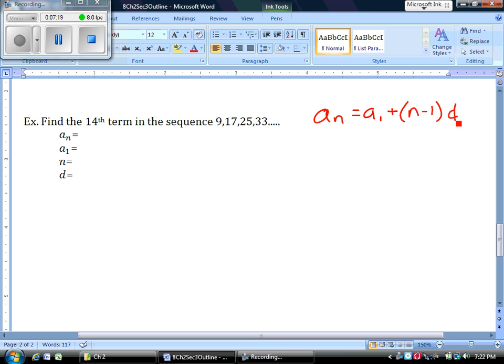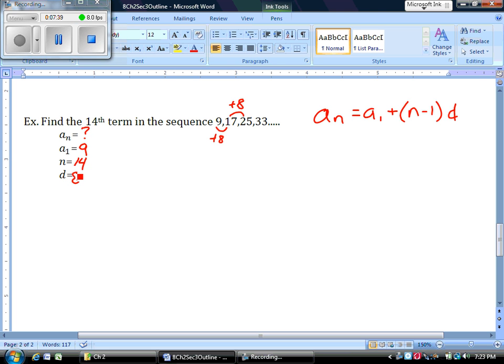So let's find all these things. A sub n, I don't know it. A sub 1, what's the first term in my sequence? It's a 9. N, the term number we're looking for, is 14. And d, the common difference, I already stated it earlier, is plus 8.